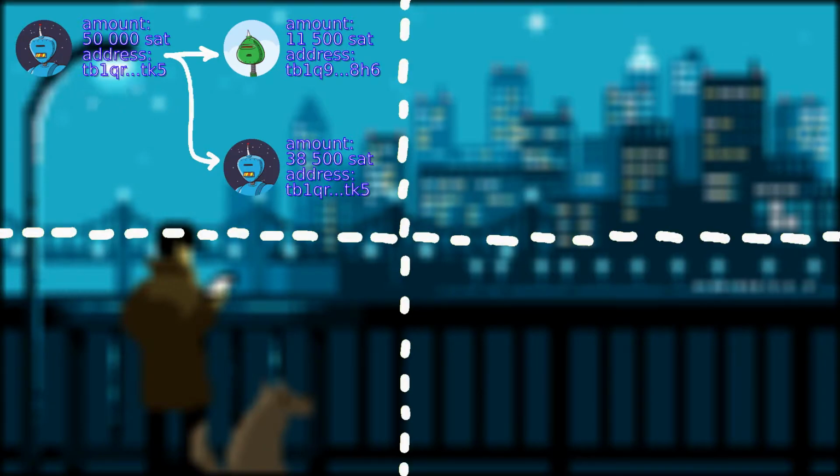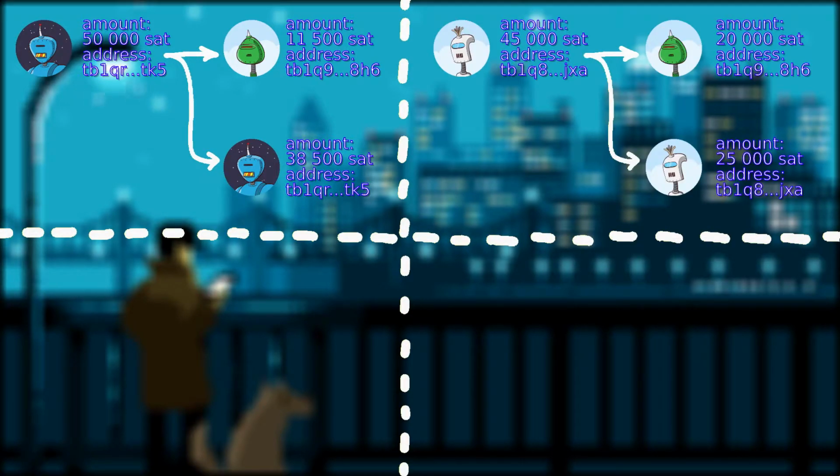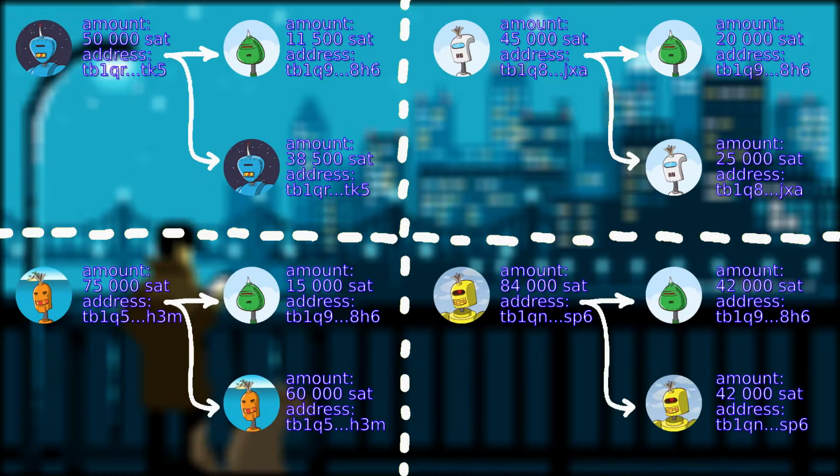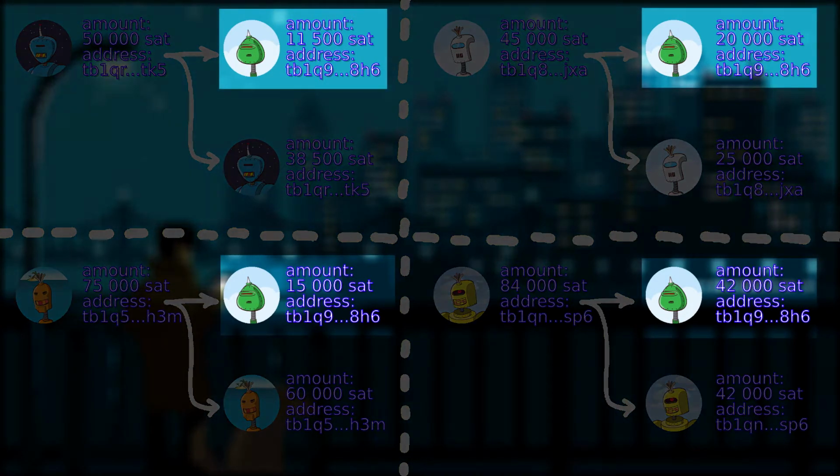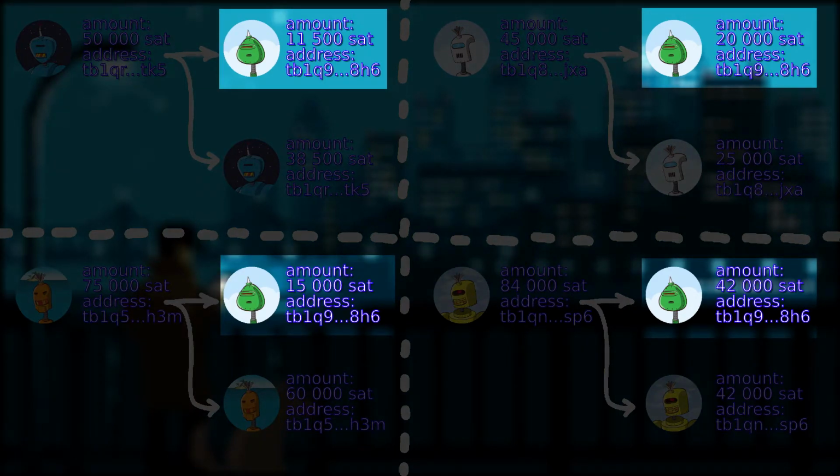Let's have 3 more simple spend transaction examples similar to this one, where I receive different amounts in each of them. If we just focus on the transactions' outputs, we could see that the only thing in common between these outputs is the receiving address.